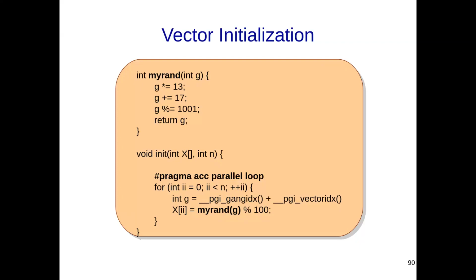And therefore, to find out the unique ID of a student sitting in a bus, I'll have to find out how many students there are in each bus, and then use that along with the gang ID to identify a base to which I can add the vector IDX. In the context of our bus example, it's going to be bus number multiplied by the number of students in each bus plus the student's seat number inside that bus. So that is going to be unique for each student across all the buses.